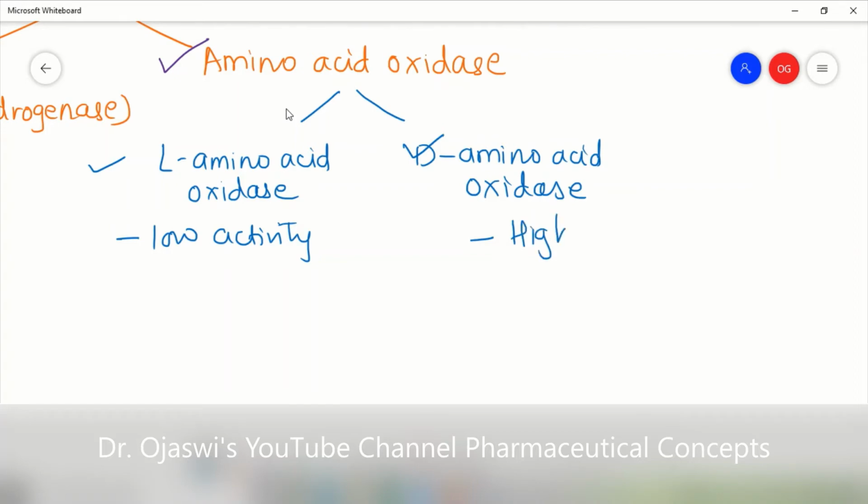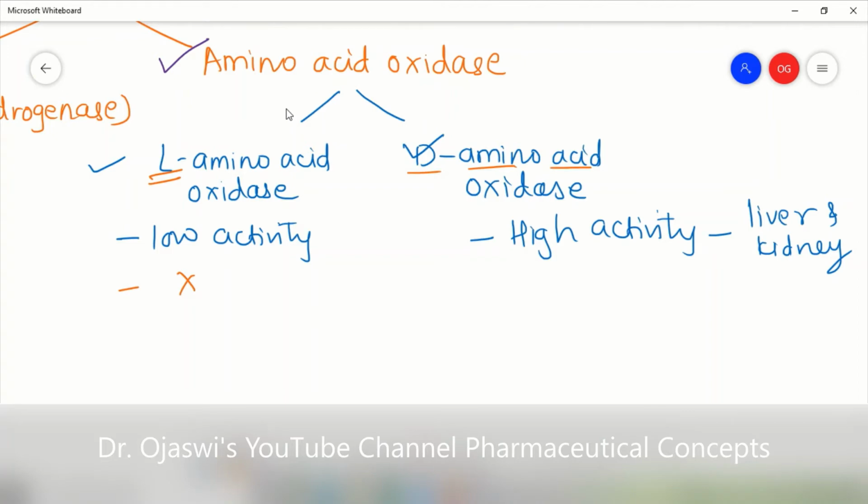It shows high activity in tissues like liver and kidney. So we can say that L-amino acid oxidase doesn't play the major role. It doesn't play any significant role in amino acid metabolism. So the D-amino acid oxidase plays an important role in amino acid metabolism.